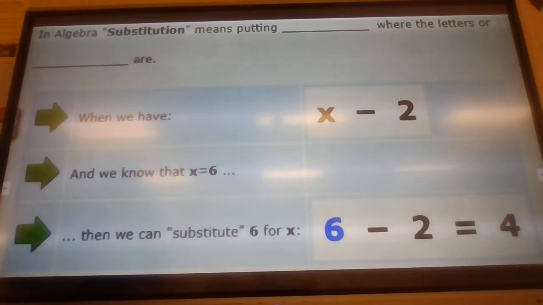So here we go. In algebra, substituting means putting blank where letters or blank are.